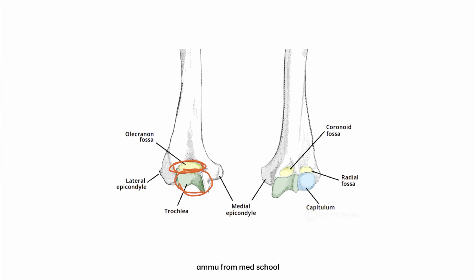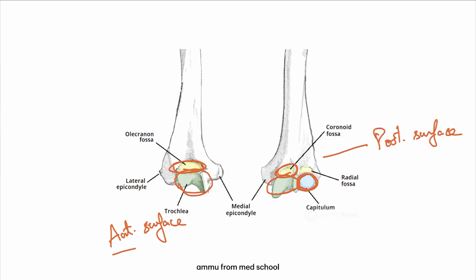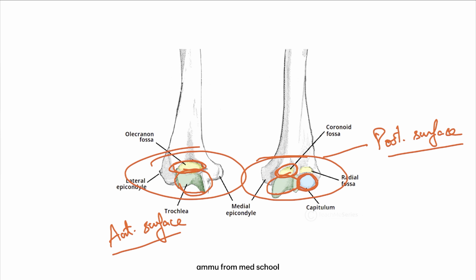You don't have a capitulum there, so this is the posterior surface, and the other, with the capitulum, trochlea, and coronoid fossa, is the anterior surface of the humerus. This is how, by looking at the distal end, you find whether it's the anterior or posterior surface.